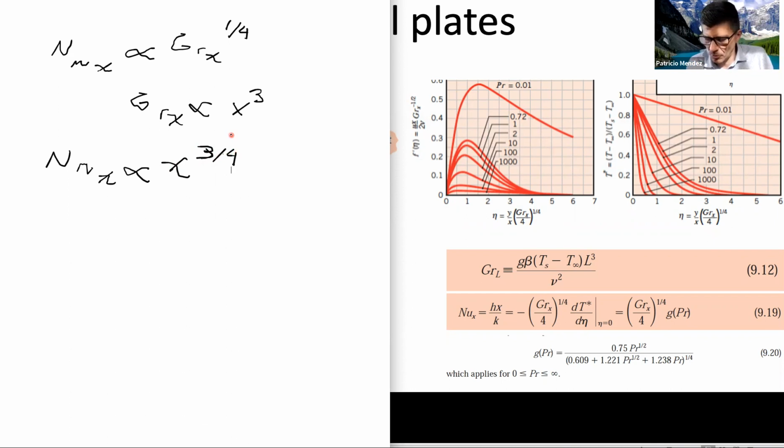And so going back to the type of things we knew from quiz 3, we know that the thickness of the thermal boundary layer was x over Nusselt.